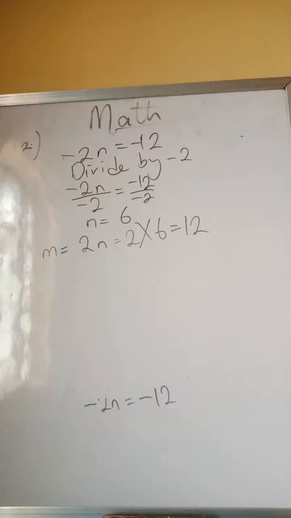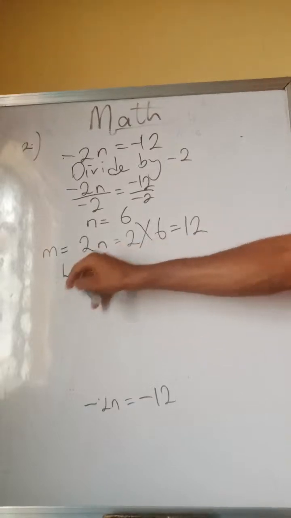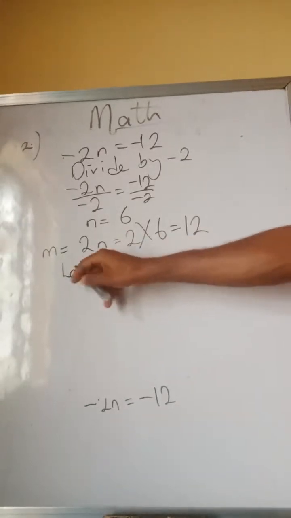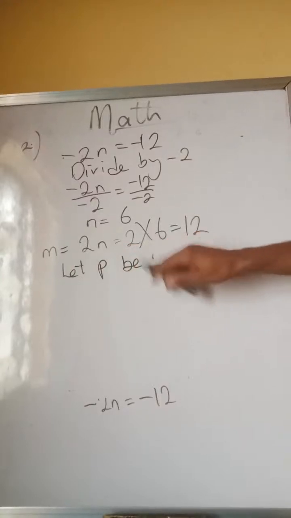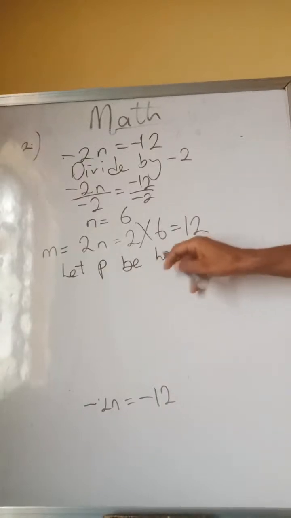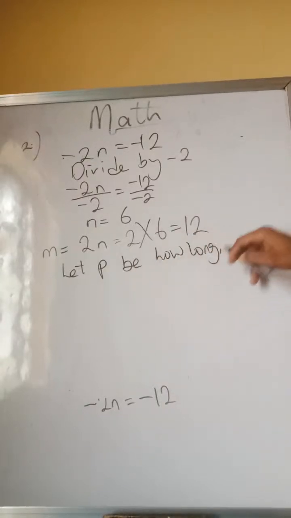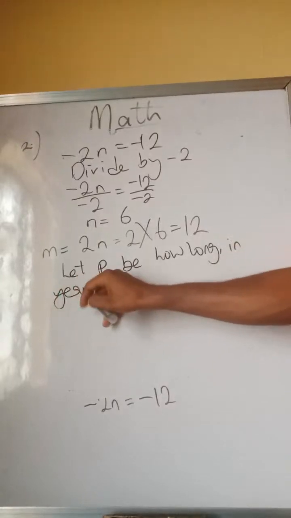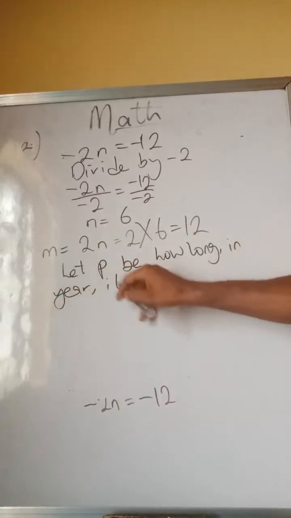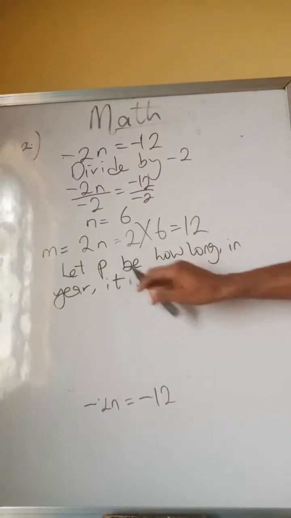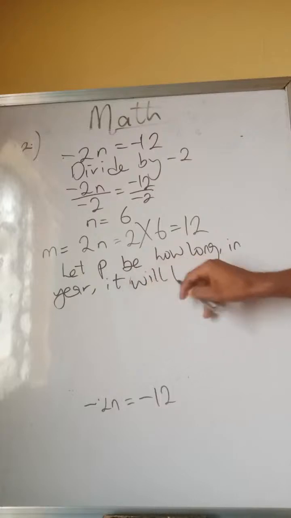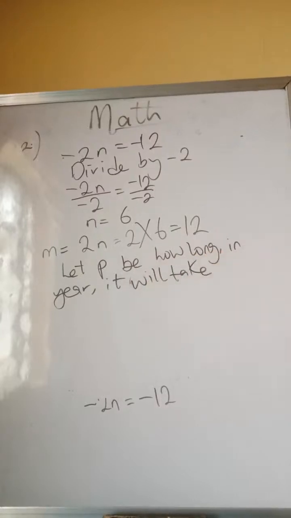Let's take it to be P. Well, some people prefer X, but however, let P be how long in years it will take for the sum of their ages to be 66.